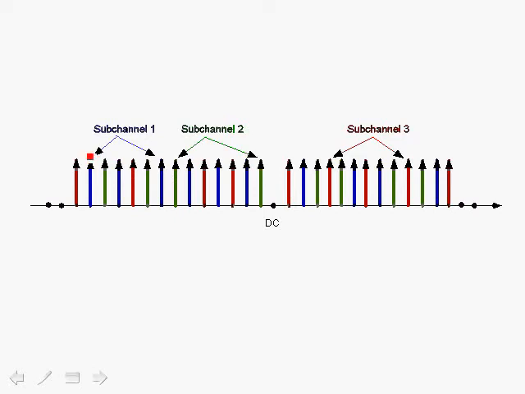So here we have a very simplified picture of multiple data carriers. We have, of course, DC and the carriers in the guard interval in the frequency domain. Now we have a subchannel, which is shown in blue. And for this subchannel, we're showing the carriers in blue. And notice that they are not adjacent to each other. They have been permuted. For subchannel number 2, which is green, also the carriers are not adjacent, but we have a permutation.